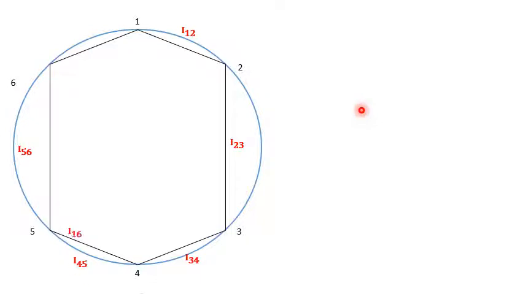Then join 6 and 1, this is I16. Along with this we have the connection between 1 and 4, so this is I14, and another connection between link 5 and 3, that is I35. So these are the instantaneous centers which exist between the links.